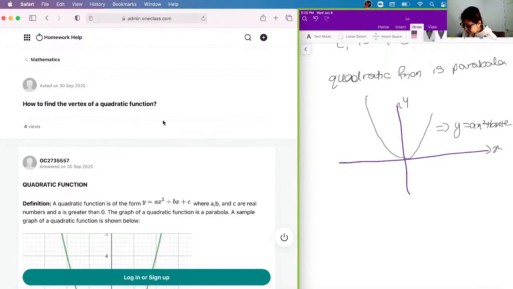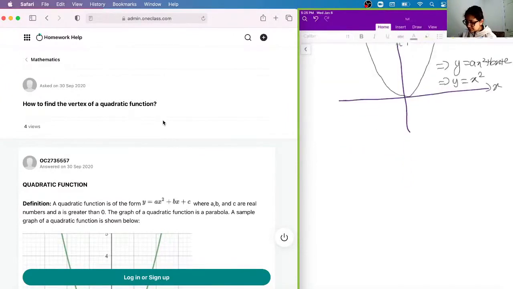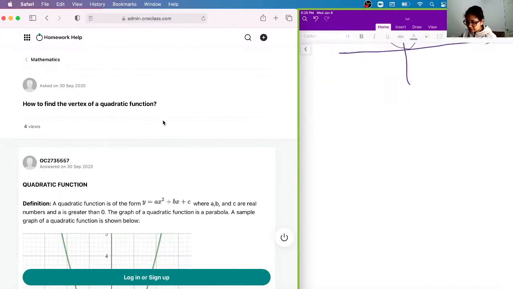And now what we have to do is find the vertex. So this is the formula of y equals x squared. Now we need to find the vertex of a quadratic function.